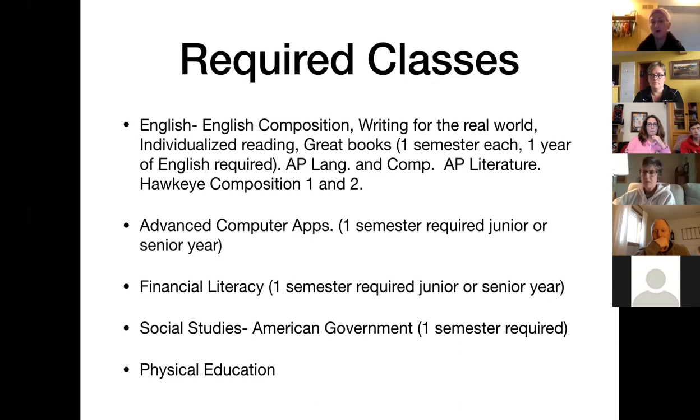If you are wanting to knock out that English credit for college, you will need to take Comp 1 and 2. Almost across the board, that will count for your English credit when you go into your 2 or 4 year college. I know that's confusing. If you have questions, we can go over those when we're finished.